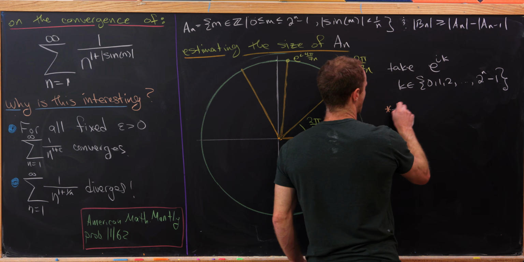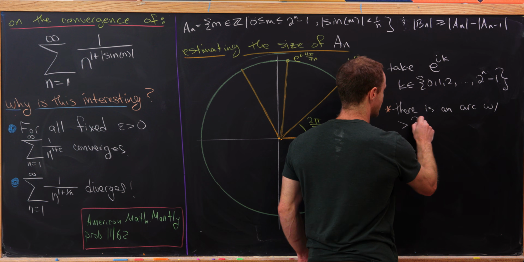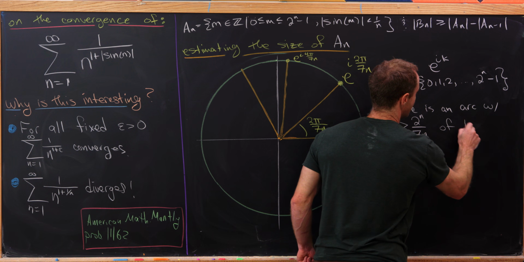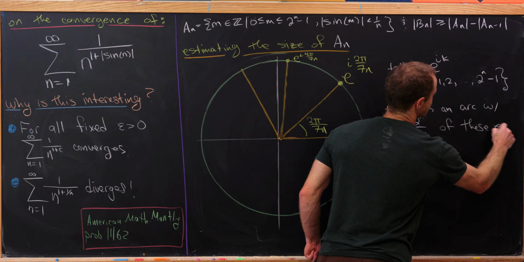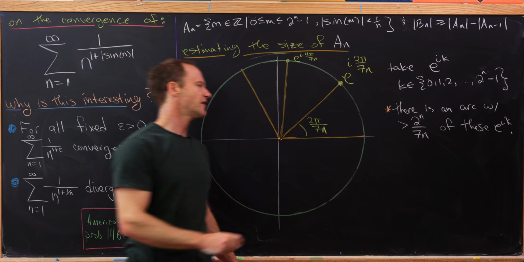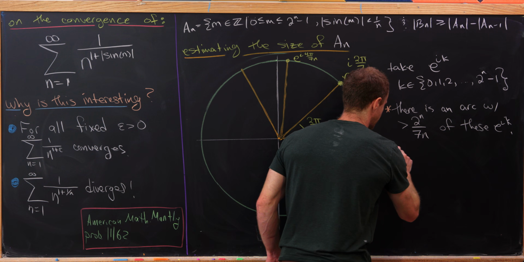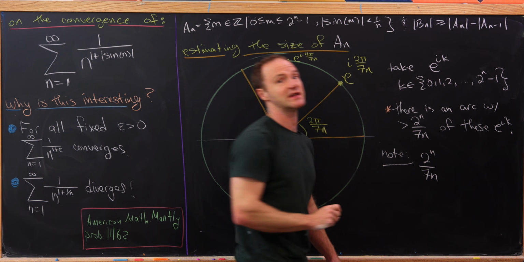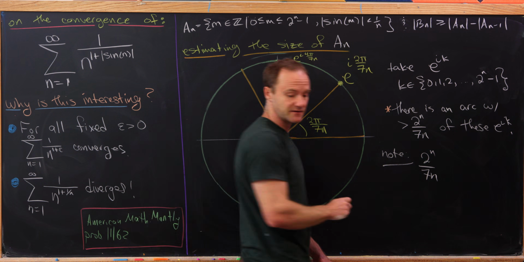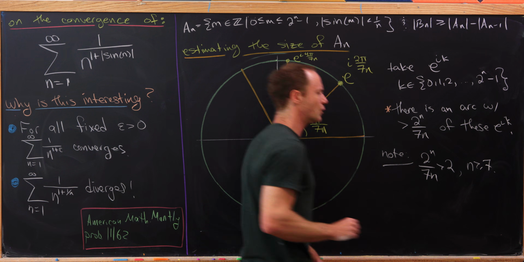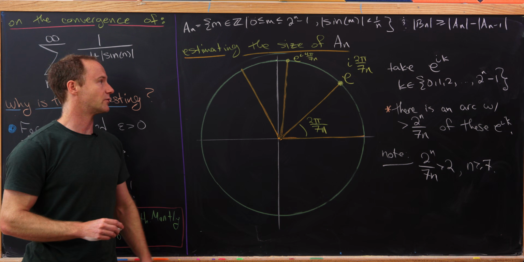There is an arc with greater than 2 to the n over 7n of these e to the ik. Again, like I said, by the pigeonhole principle. Another thing to notice pretty quickly is that this 2 to the n over 7 times n is in fact bigger than 2 when n is bigger than or equal to 7. So we'll make use of that at some point as well.